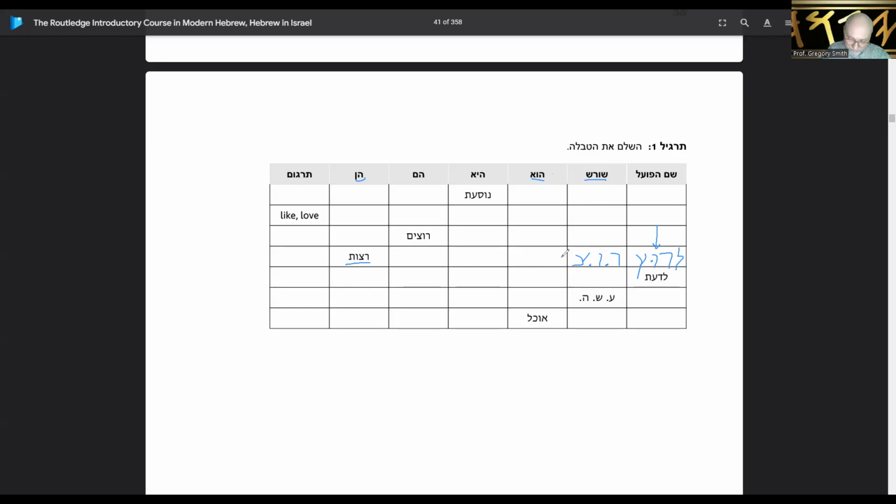In the present tense, it would be ratz. See if I can extend below the line here. Ratz. And you wouldn't see this in biblical Hebrew, but we get the ah sound from the kametz, ratz. And then for the feminine singular, it would be ratzah.